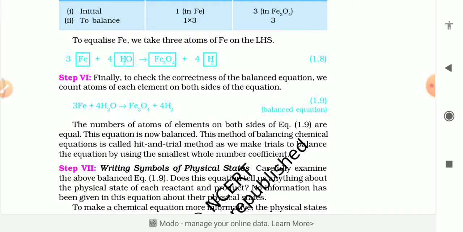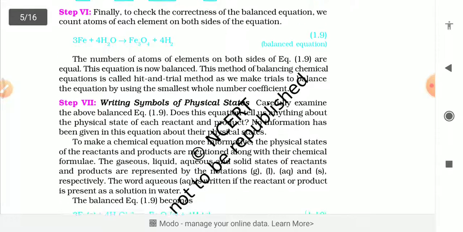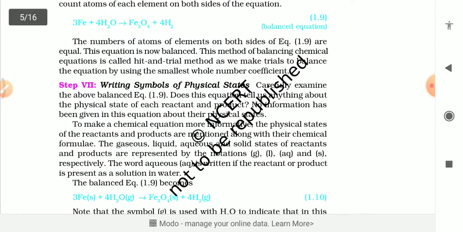Now in the 7th step, which is very important and students ignore this one, we balance the equation by writing the symbols of the physical state.